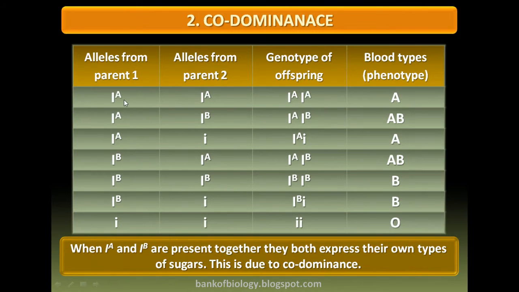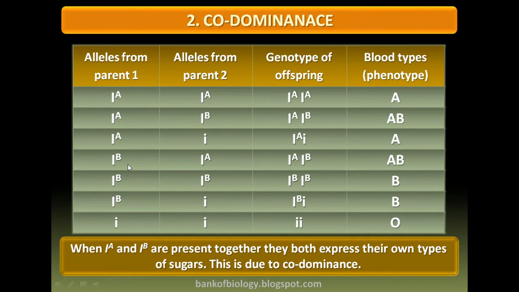If the allele from parent 1 is A and from parent 2 is A, then the offspring will have A as the allele and the blood type will be A. If the allele is A and the second parent gives the B allele, then the blood group is AB. Similarly, if A is from parent 1 and small i from parent 2, then we have A blood group because i is recessive and A is dominant, so it is expressed.